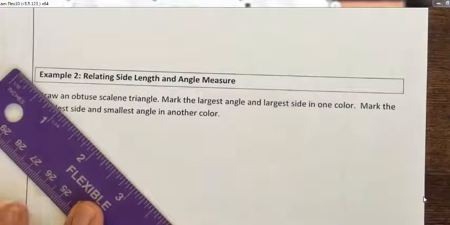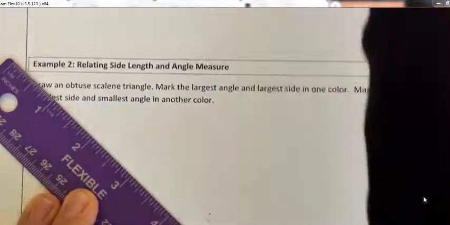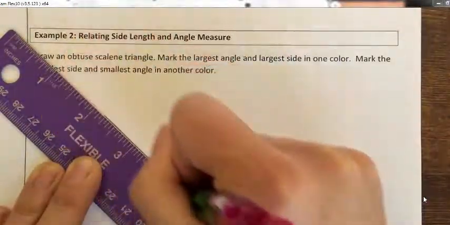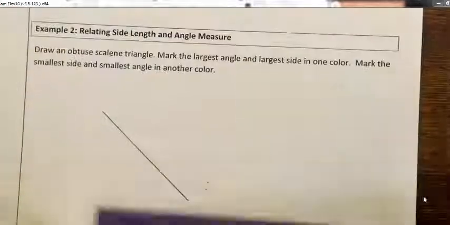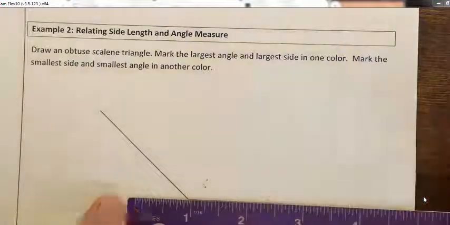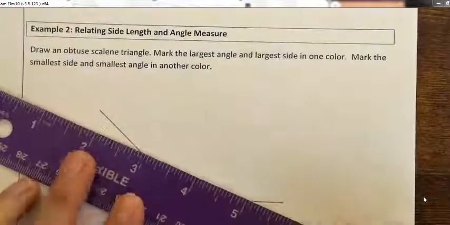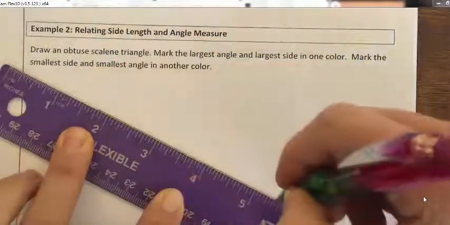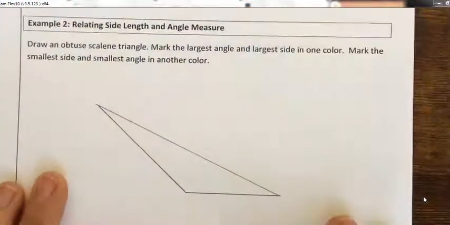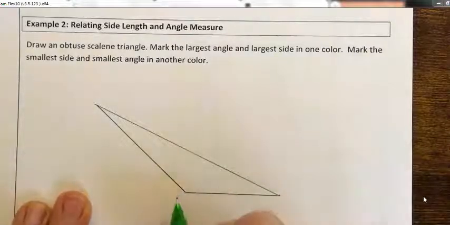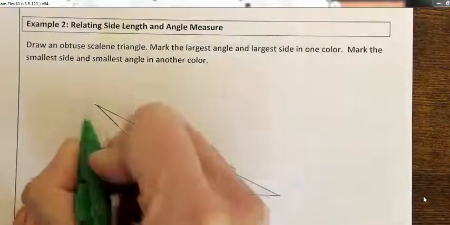So obtuse scalene means that I've got one obtuse angle and none of the sides are the same measure. So I'll make this angle obtuse. How about I'll label it? So how about we'll make this triangle ABC.